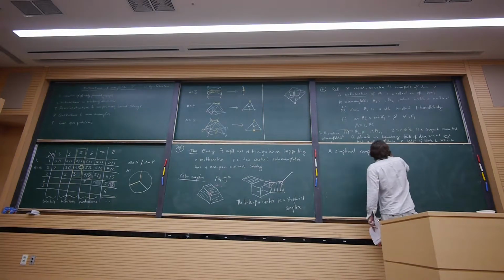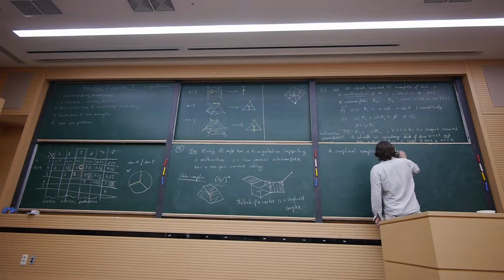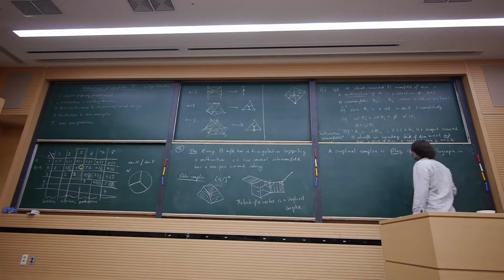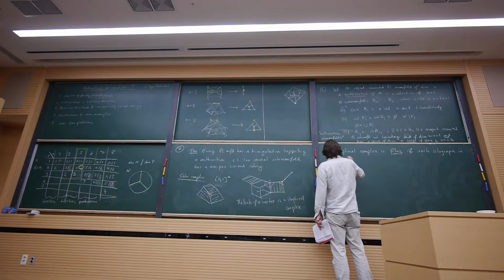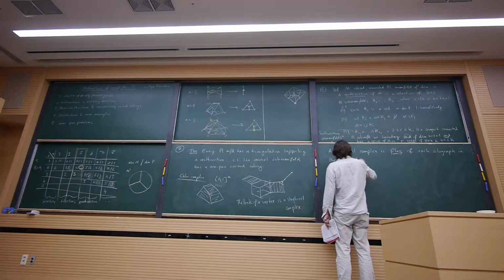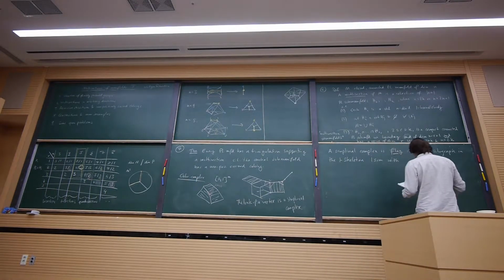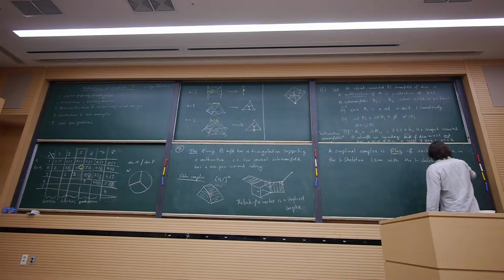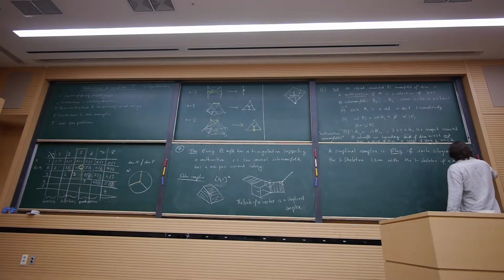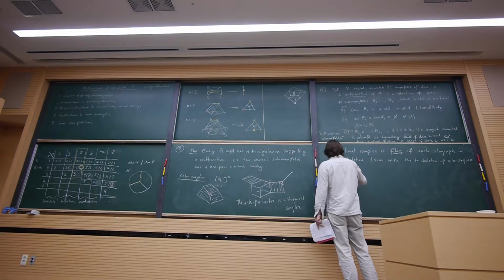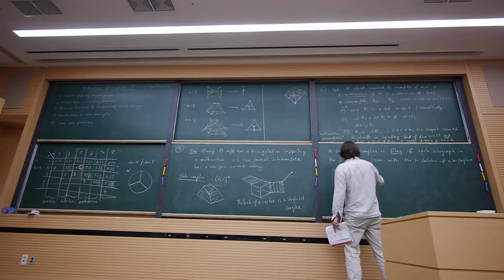A complex is flag if each subgraph in the 1-skeleton isomorphic to the 1-skeleton of a k-simplex is in fact a k-simplex.